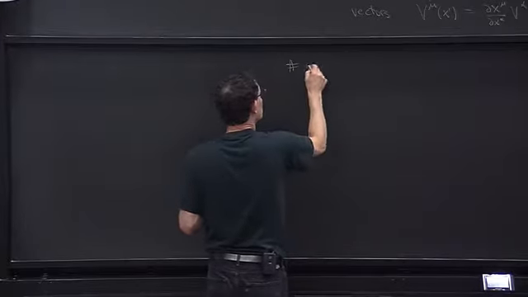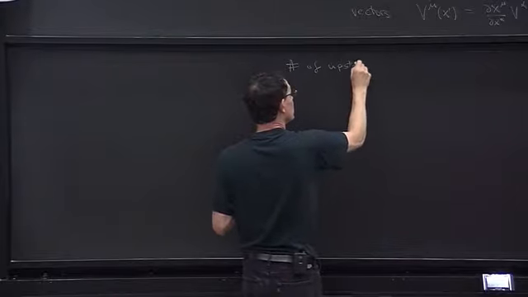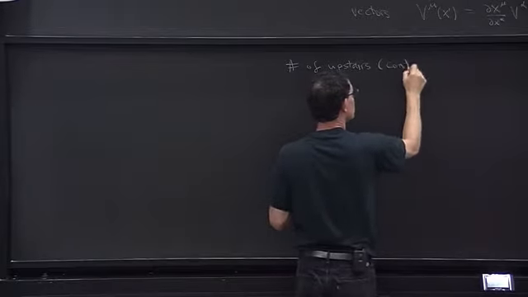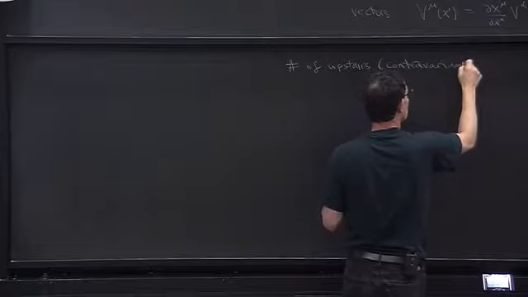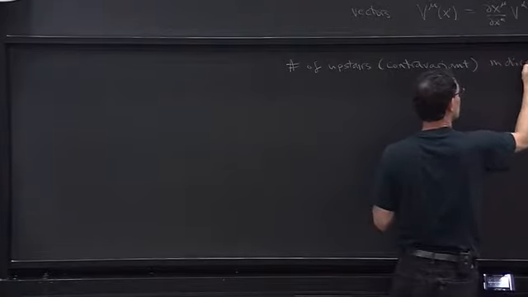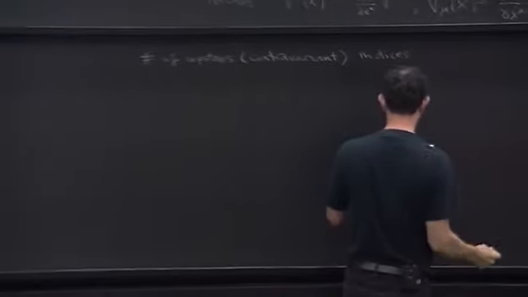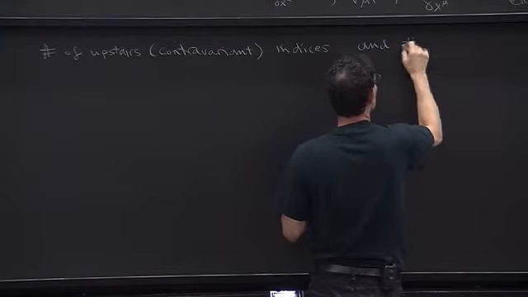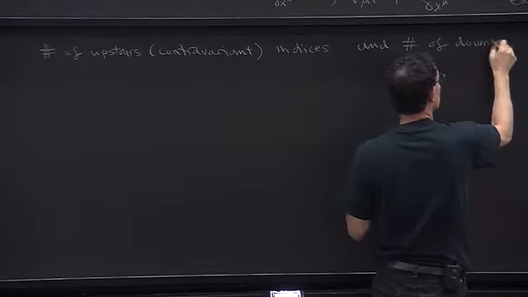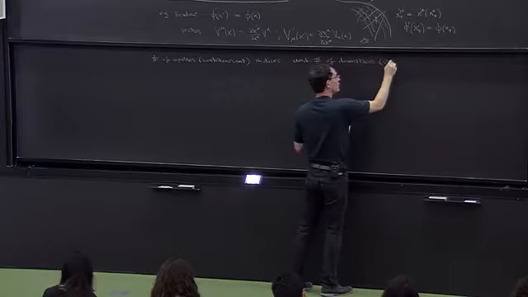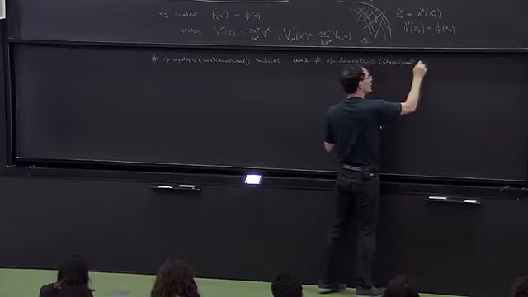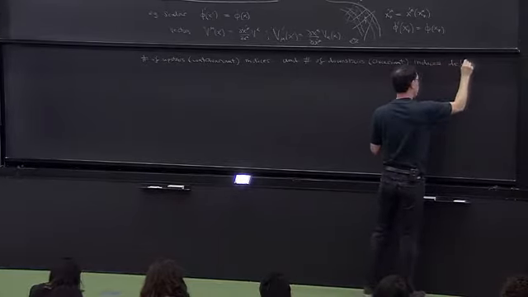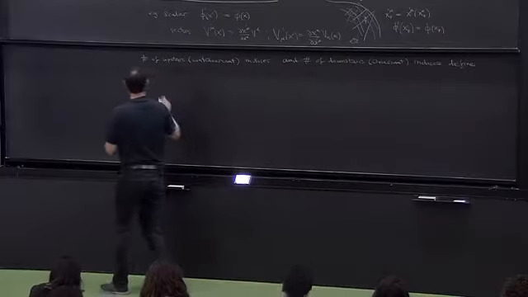The number of upstairs indices, which are called contravariant indices, and the number of downstairs or covariant indices define the type of tensor.